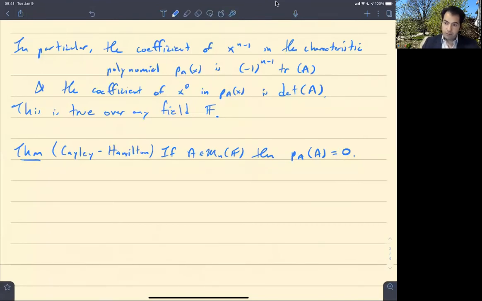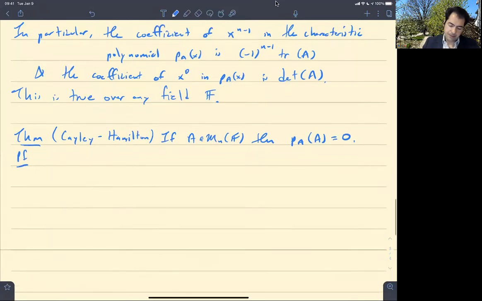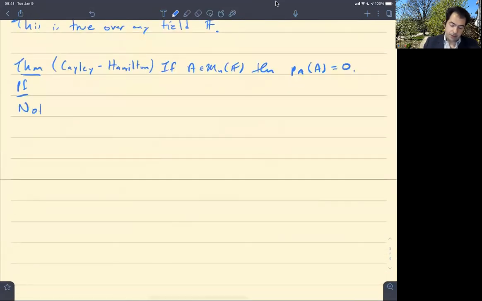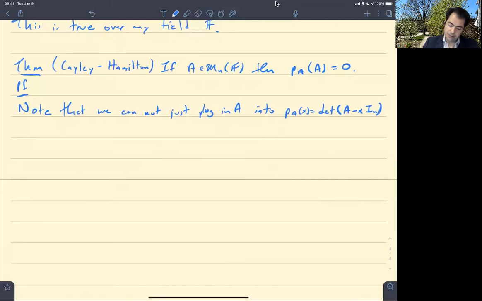So you might be tempted, but it would unfortunately not be correct. You cannot just plug in A into the expression in terms of the determinant of A minus X times the identity. Right, so it's not as easy as plugging A in here and then saying, well, I'm taking the determinant of A minus A and getting 0.